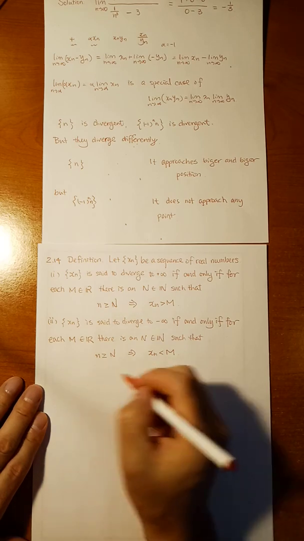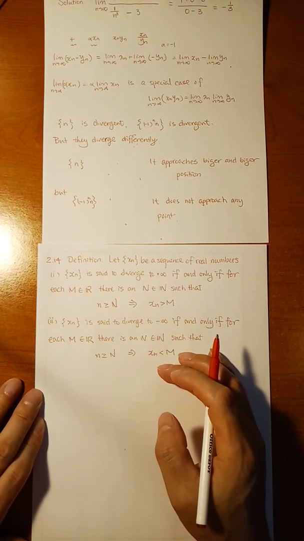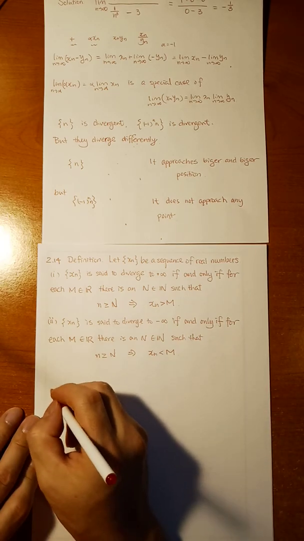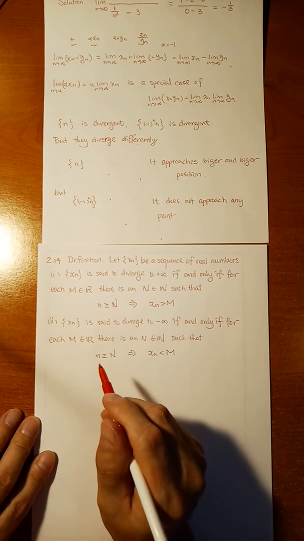Okay, so this is a complete definition. We have divergence to positive infinity and to negative infinity.